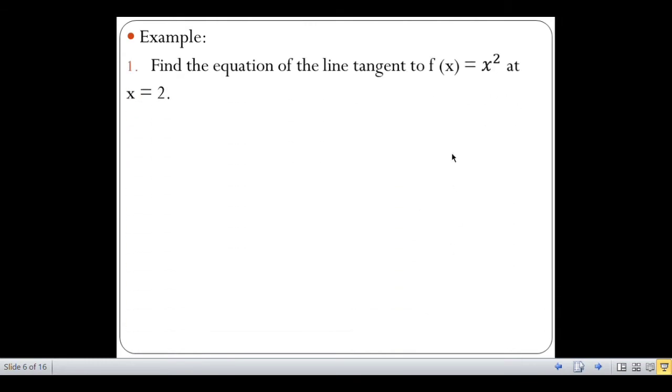Okay? So now, let's proceed to the given example. So example number 1, find the equation of the line tangent to f of x equals x squared at x equals 2. So, ito yung problem natin. Okay, so yung condition natin is at x equals 2, and then f of x equals x squared.